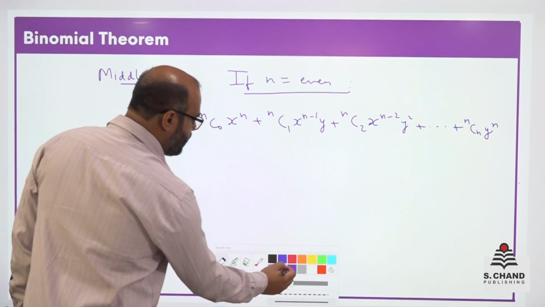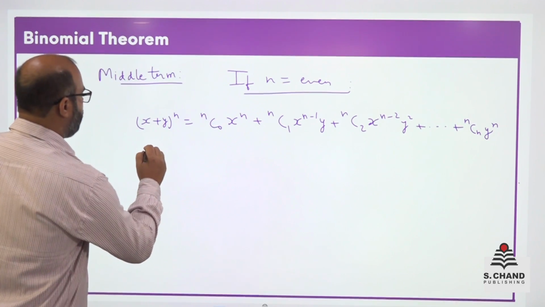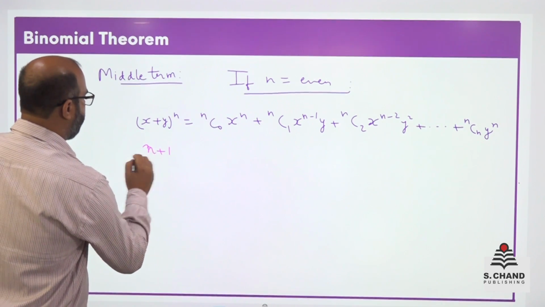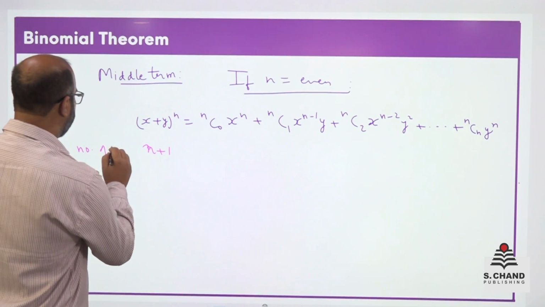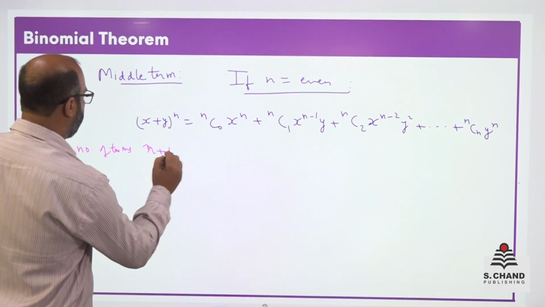If n is even, then n+1, which is the number of terms, will be odd.